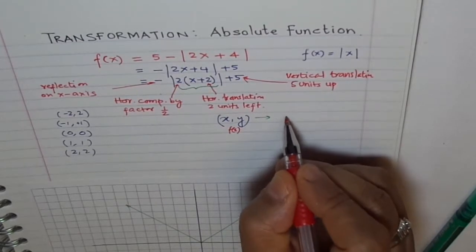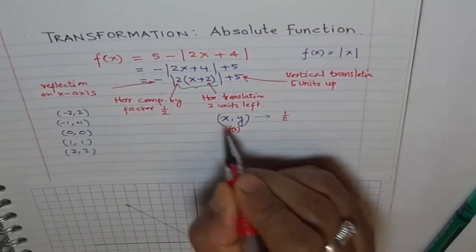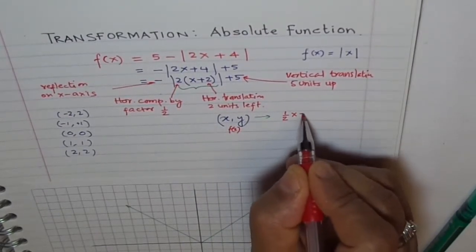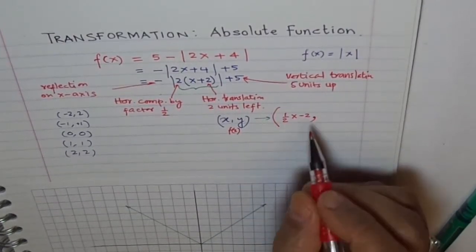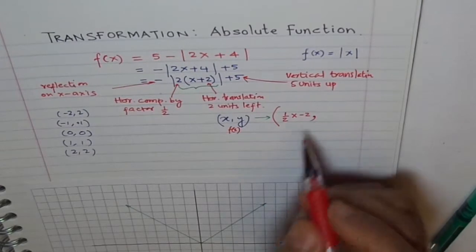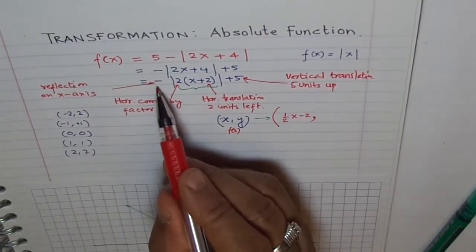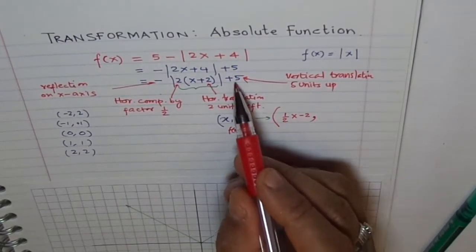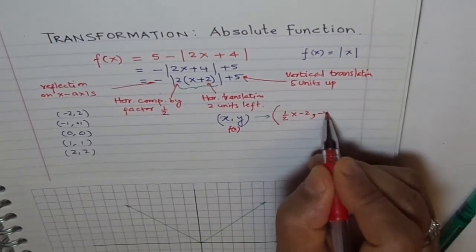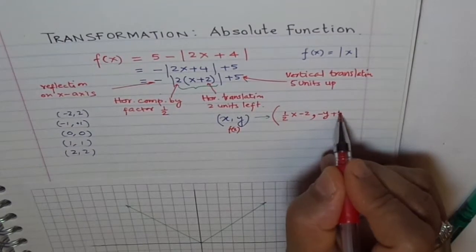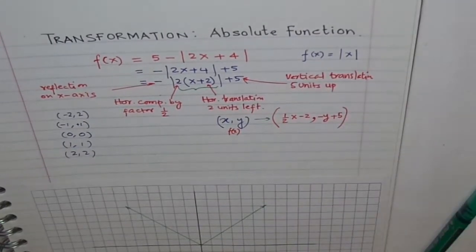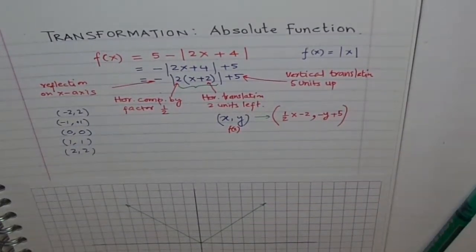So our transformed x point is half of x minus 2, correct? So that's the x value. How about the y value? Y value gets reflected, so it becomes negative times y, plus 5 units up, plus 5. So that is the way each point is going to get transformed.